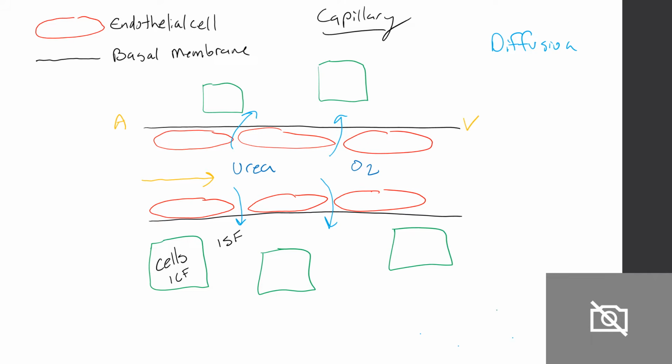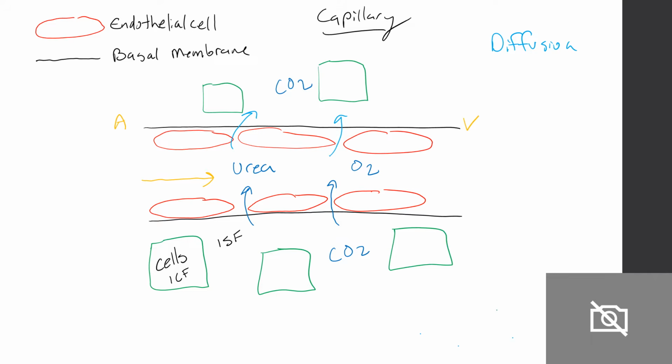Whereas the metabolizing tissue may be producing a lot of CO2. So I'll put some CO2 out here in the interstitium. So there's a high concentration in the interstitial fluid, and so it's going to go down its concentration gradient, which would be in towards the plasma. And this would be one way in which we can get rid of the waste that is accumulating.